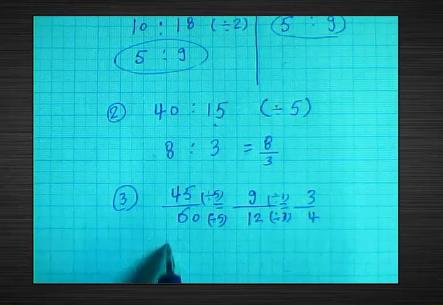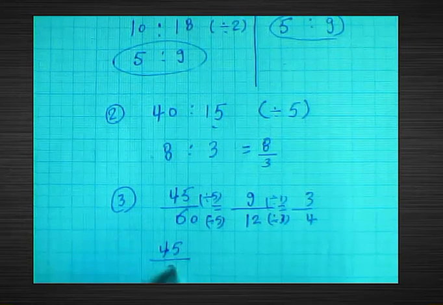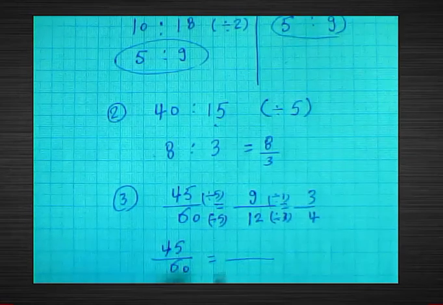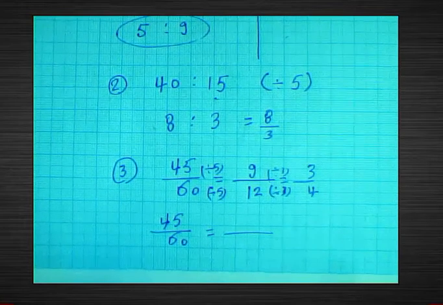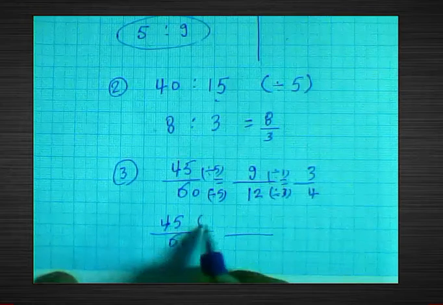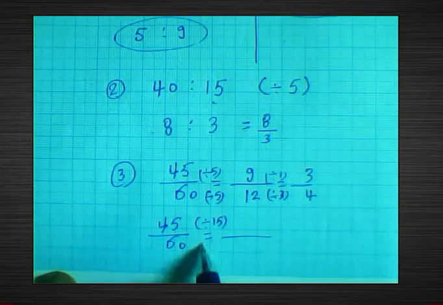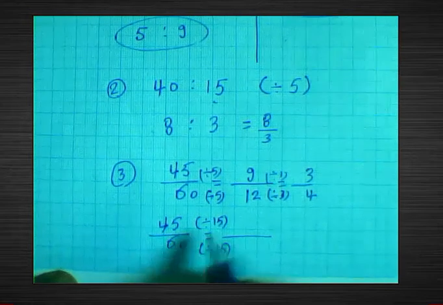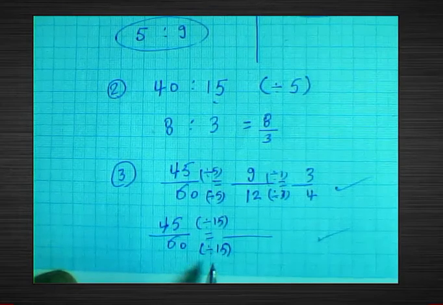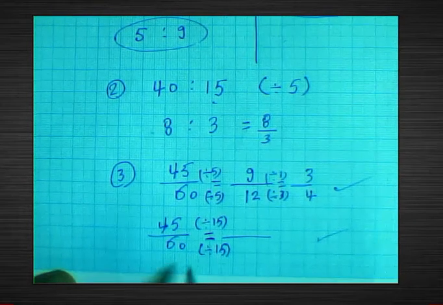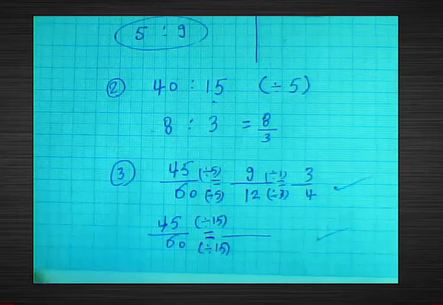And another one can find the result by using HCF, highest common factor, between 45 and 60. What is it? It is 15. Okay, you can find the result in one step or two steps, as you like. It's true, and this method is true. But you must find the result in the simplest form.